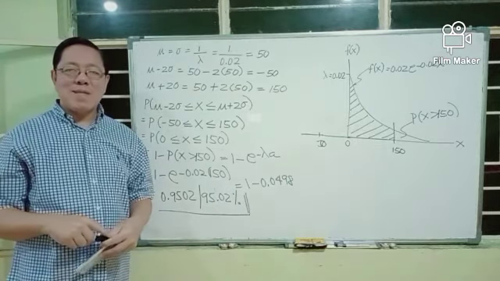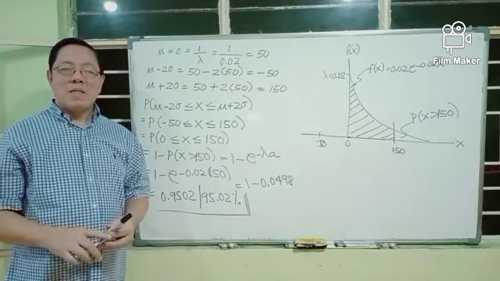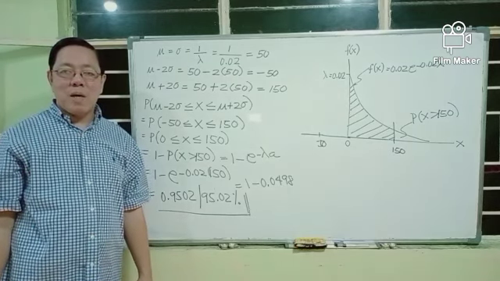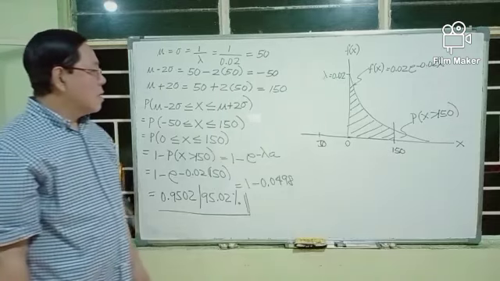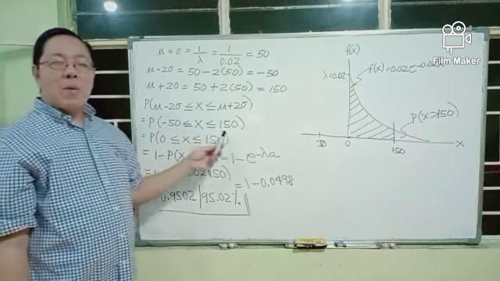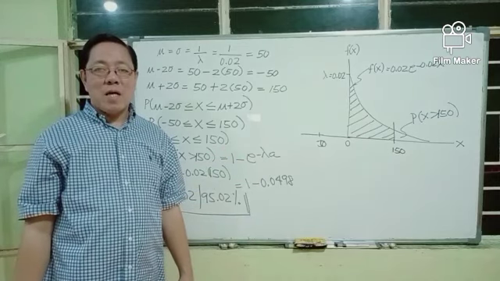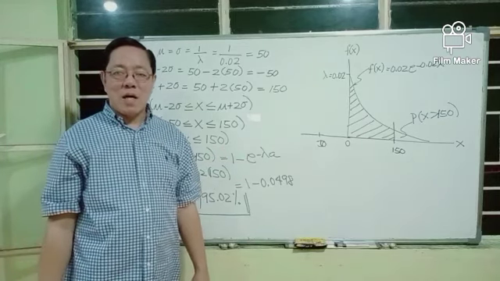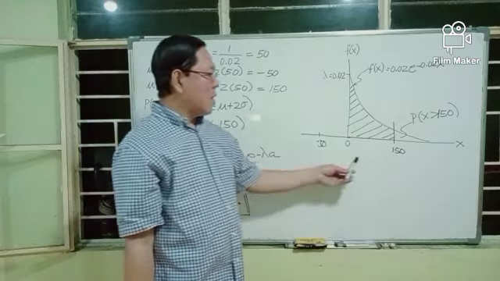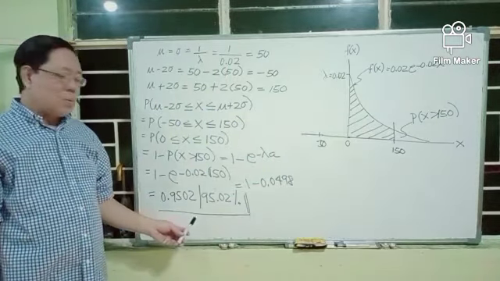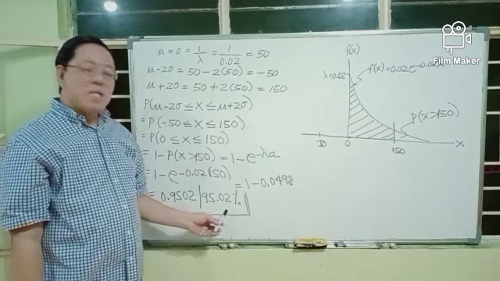Thus, the probability that the time before the copying machine requires another service or repair is between negative 50 and 150, which is equal to the probability that the time before the machine requires another service is between 0 and 150, is equal to 0.9502, or 95.02%.